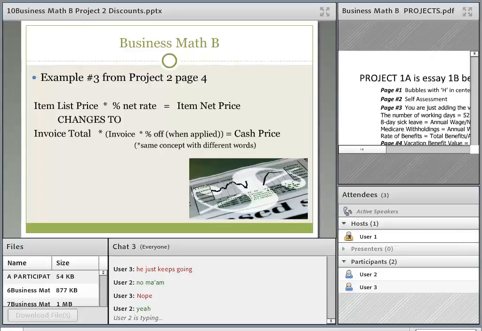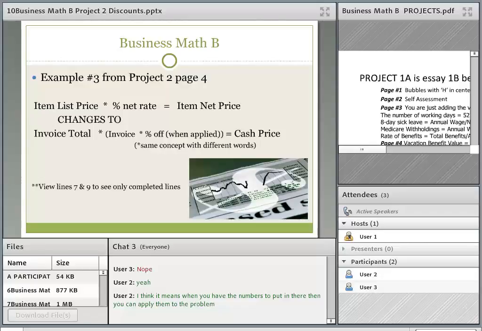Okay, with the net 30, the end of month payments and the terms. So sometimes there's a rate given, but it's only applied if they meet the terms. Again, we can look at lines 7 and 9. They're completed all the way across, and you could experiment with those and see what they did to get their answers.